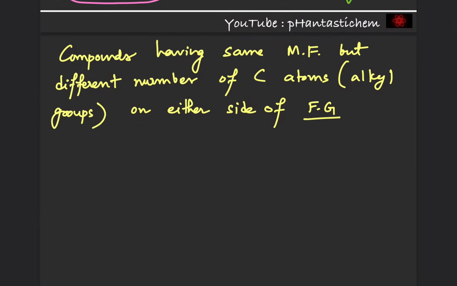So there are certain conditions for compounds to show metamerism. Metamerism occurs exclusively in compounds with polyvalent functional groups. Very important.